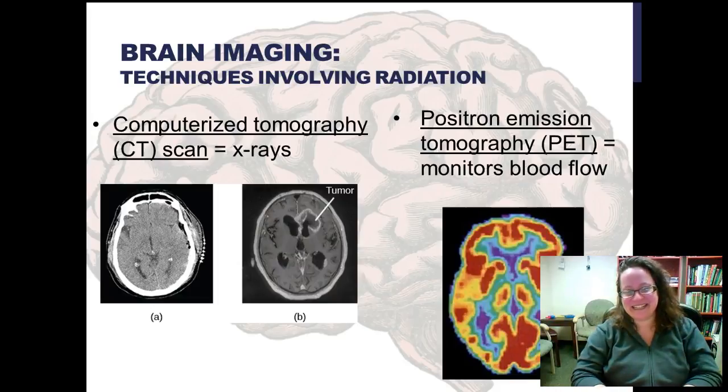So to actually get in there and see the brain, we've got some brain imaging techniques. Some of these involve radiation, so obviously, we have to be mindful of that. So CT scans as well as PET scans. These are things that we use radiation for, but then we can go in there and see. The PET scans I think are pretty fascinating because you can see the blood flow.